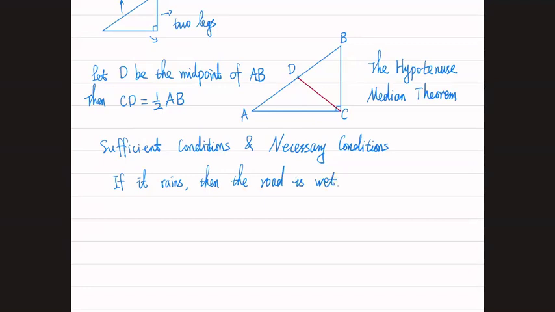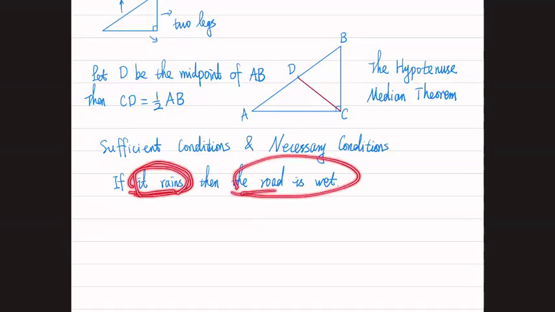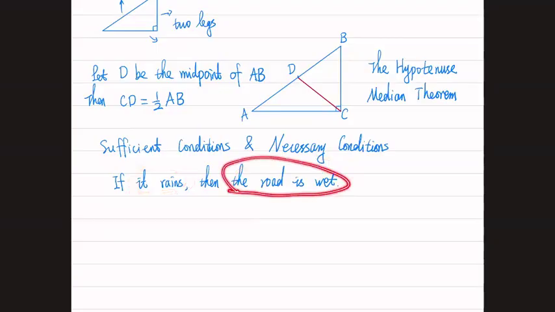Okay. We can see if it rains, the road is wet. This is sufficient. The raining is sufficient for wet road, but wet road is not sufficient for raining. Maybe because there's snow, there's ice, there's someone just poured water.